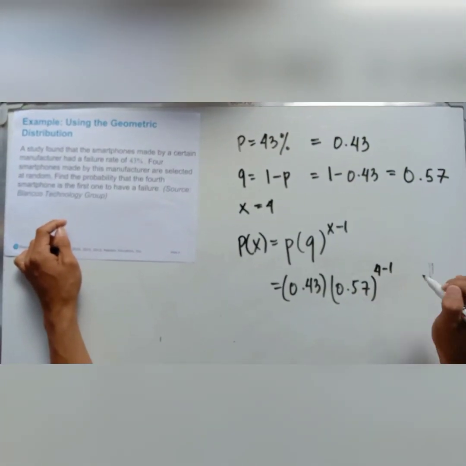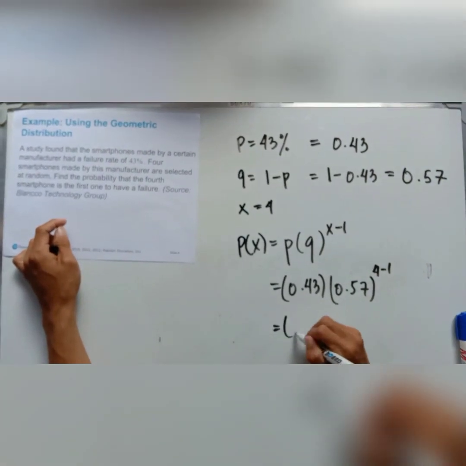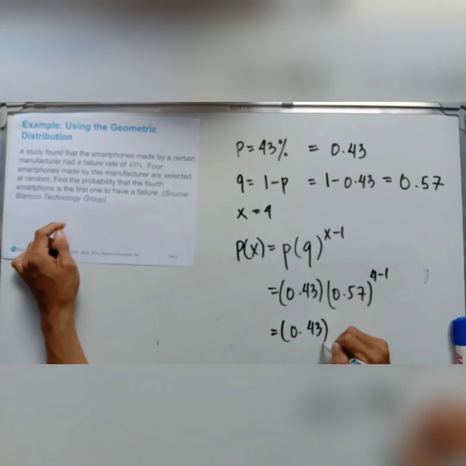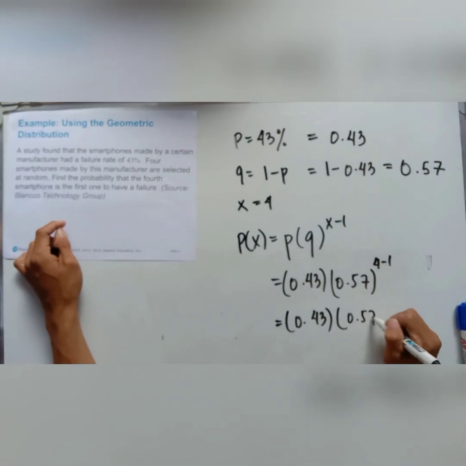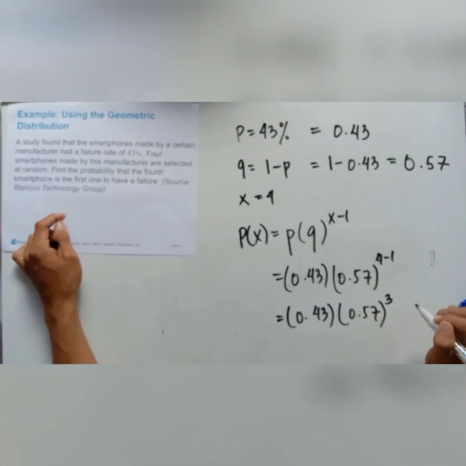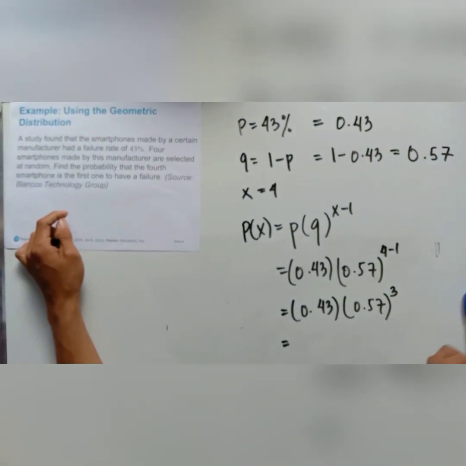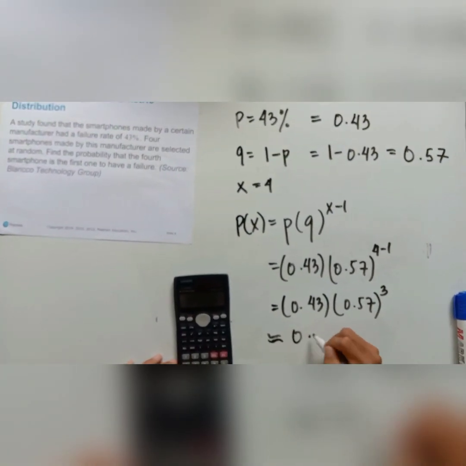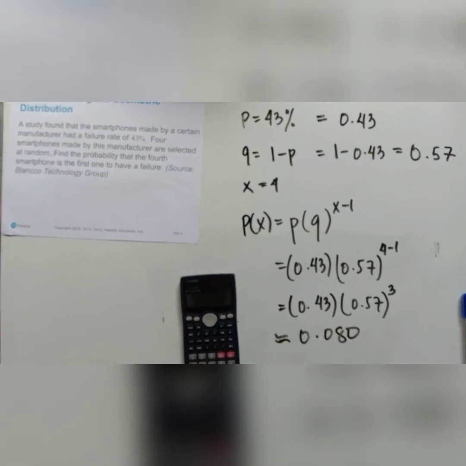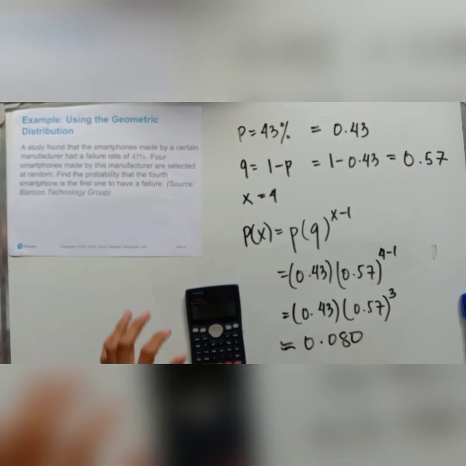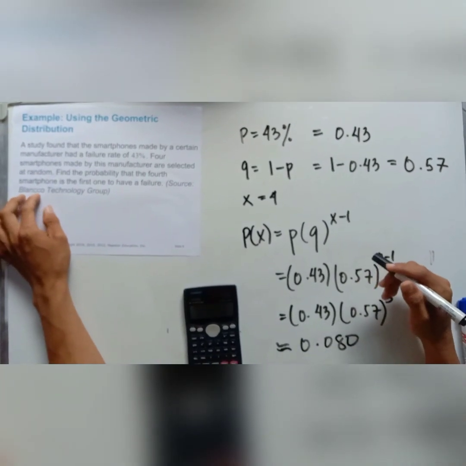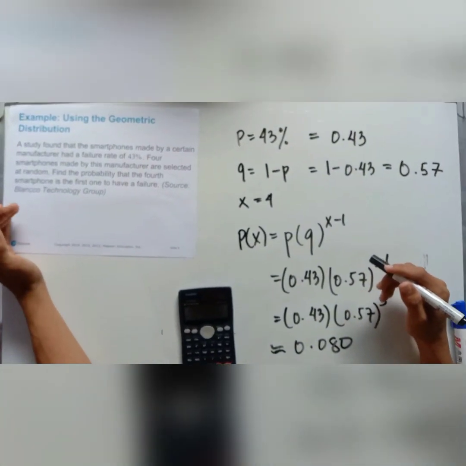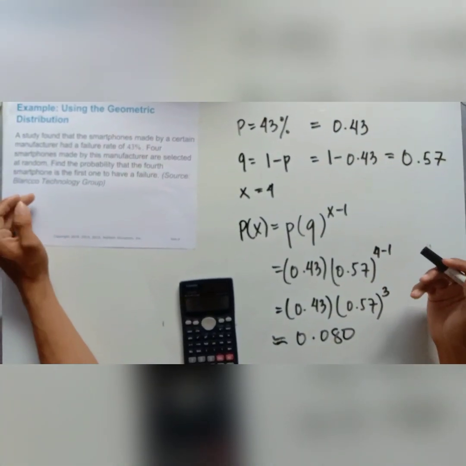Therefore, 4 minus 1, so 0.43 times 0.57 raised to the power of 3, which is 0.080. So the probability that the 4th smartphone is the first one to have a failure is about 0.080.